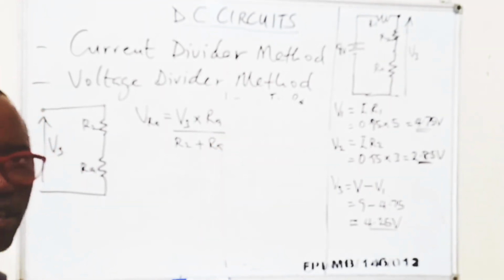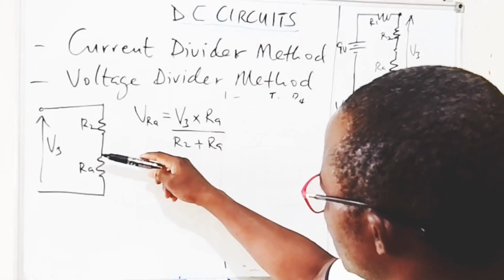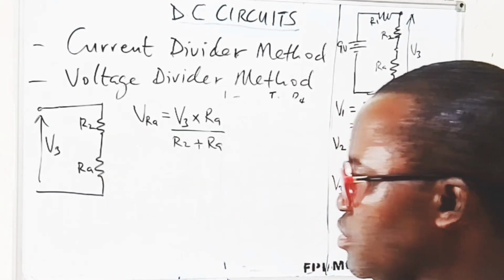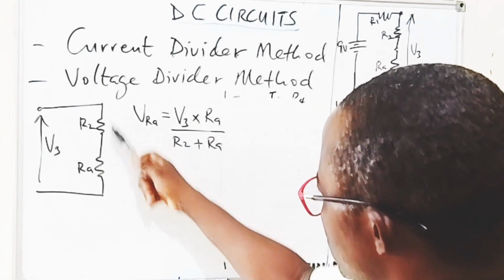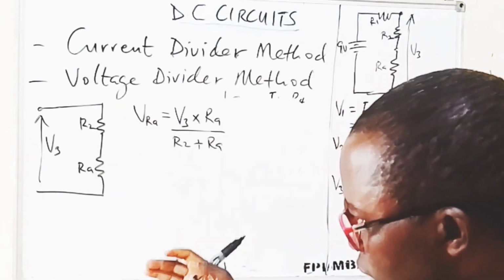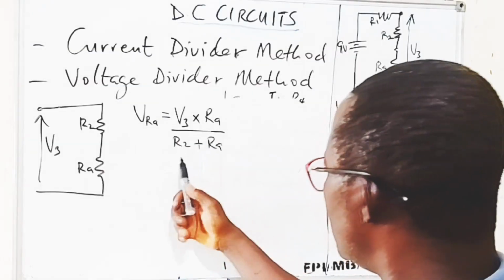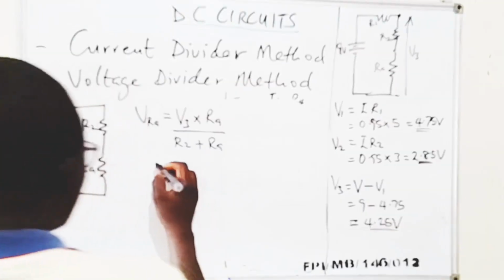So this is the voltage divider method. The voltage divider method is such that you want to determine the voltage drop across one resistor in a series combination. So the total voltage across the series, when they are two, multiplied by the resistance you are looking for, divided by the sum of the two resistances. And that's what we have here.